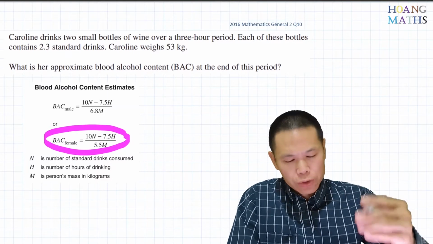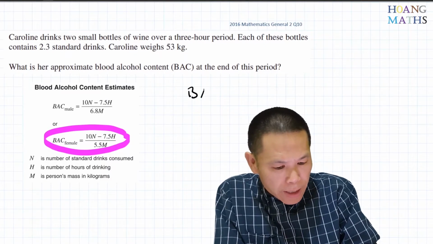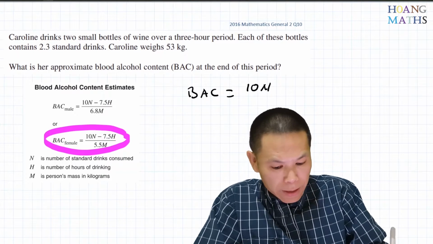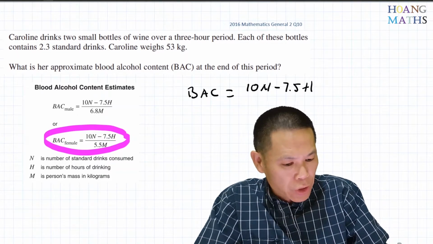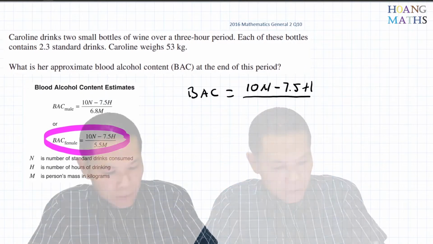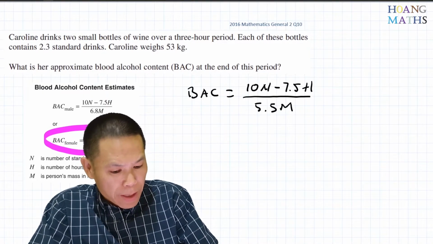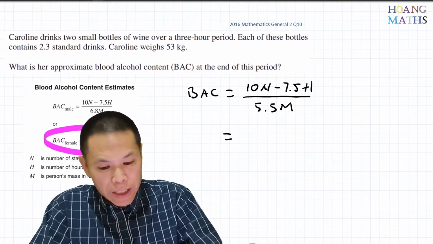So let's go straight into it. We know that BAC is equal to (10N minus 7.5H) over 5.5M. Now, N is the number of standard drinks.